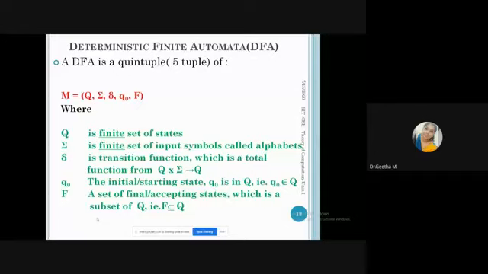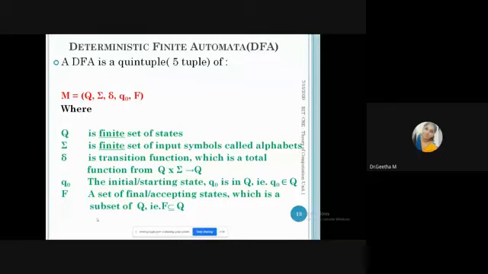Any letter can be used, but in this TOC the author is Ullman, and Ullman follows M for finite automata. So we can follow Ullman's notation here, capital M for representing your finite automata.